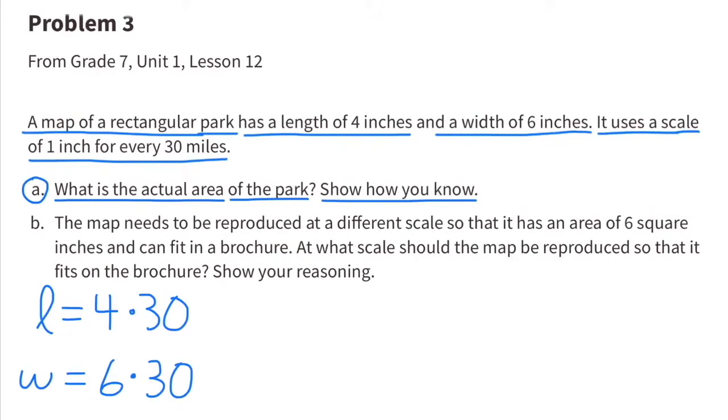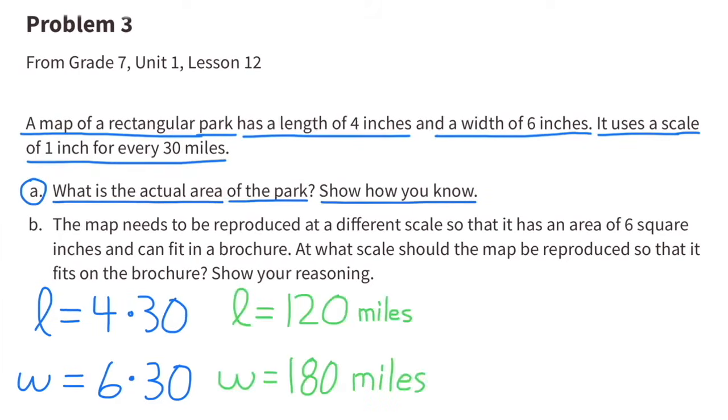On the scale drawing, or on the map, the length is 4 inches and the width is 6 inches. Since it uses a scale of 1 inch for every 30 miles, the length of the actual park is 4 times 30 and the width is 6 times 30. The length of the actual park is 120 miles and the width of the park is 180 miles.